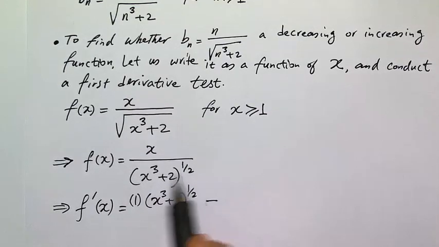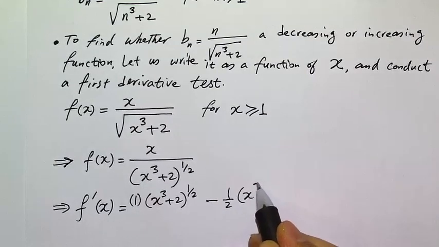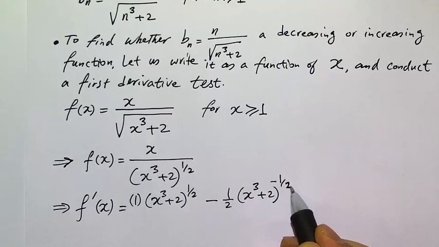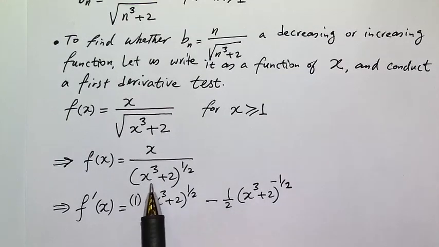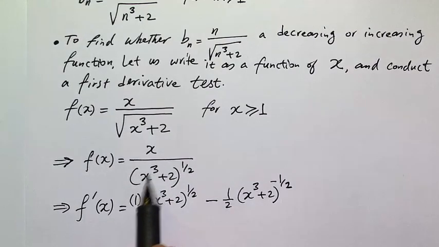The derivative of this times that, so 1/2 times (x cubed plus 2) to the minus 1/2 power, then times x, but by the chain rule we have to multiply this by 3x squared.